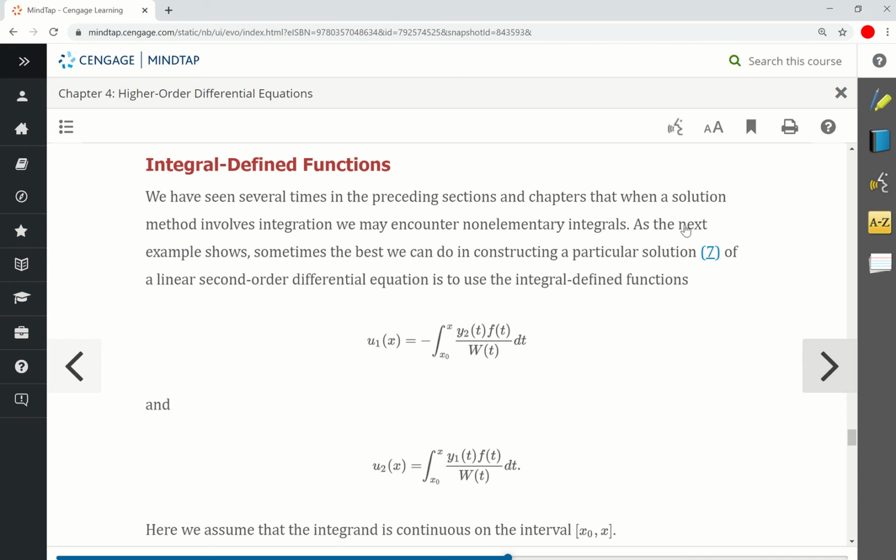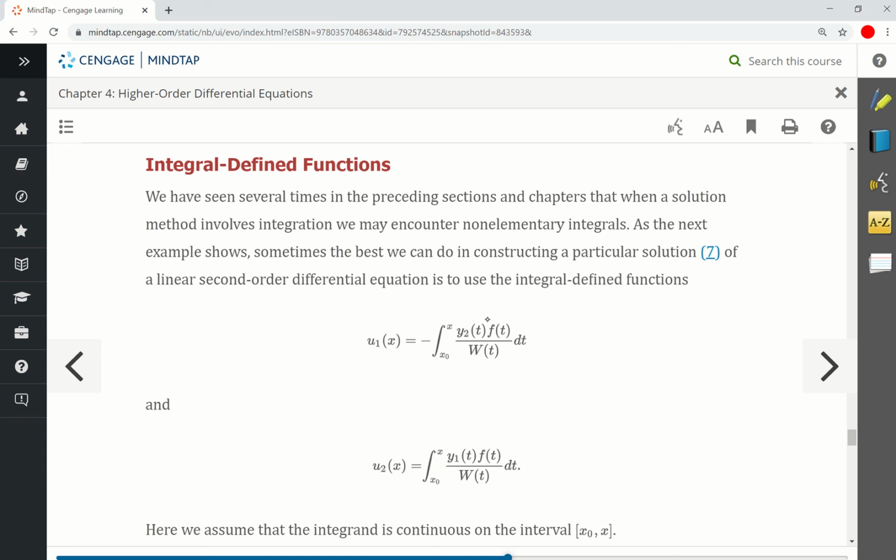So the thing that's nice is we actually have a way to solve this. However, the key step in being able to solve for u1 and u2 is ultimately the ability to do these kinds of integrations. If you remember, u1 prime was defined as the negative of y2 f of x divided by w of x, and u2 prime was y1 f of x divided by w of x, where we anticipate being able to do these integrations.